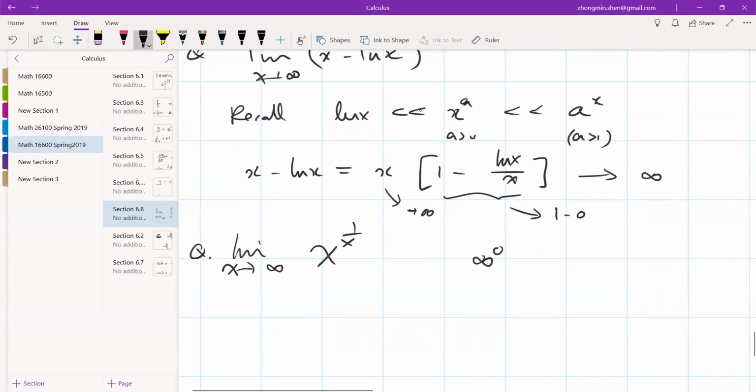But I remember the limit as x approaches infinity of ln x over x is going to be 0.